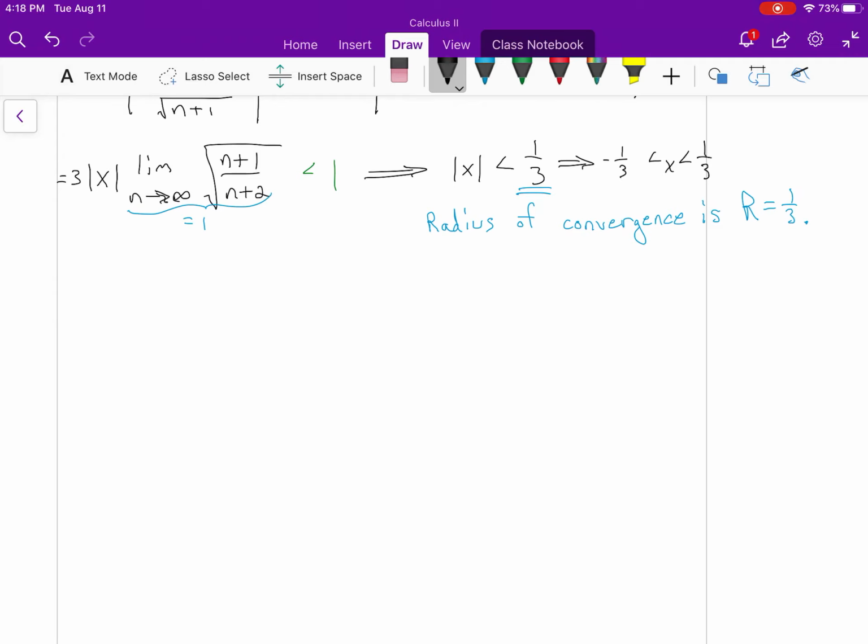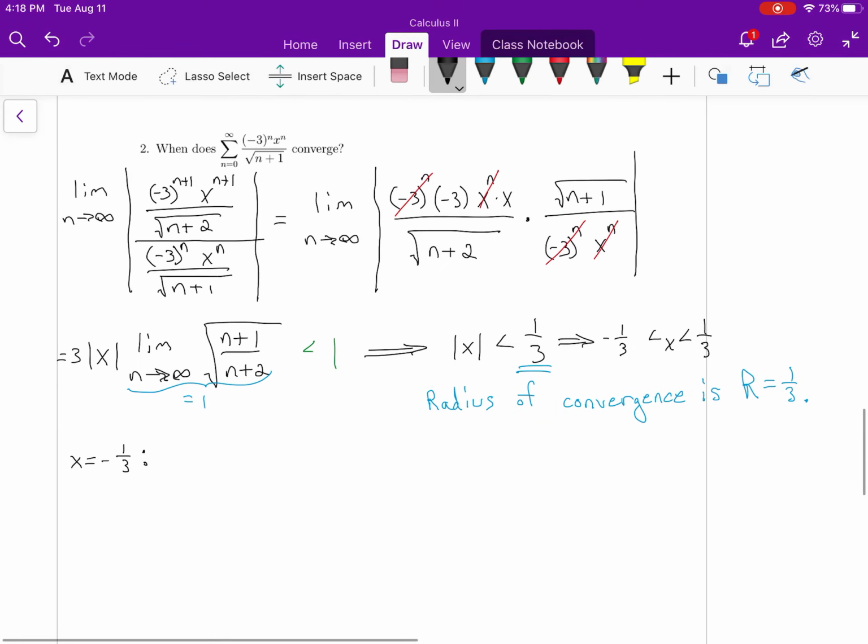So in our first case, when x is negative 1/3, what does that mean? Well, that is going to affect our series. On top we have negative 3 to the n, and then we have negative 1 over 3 to the n.